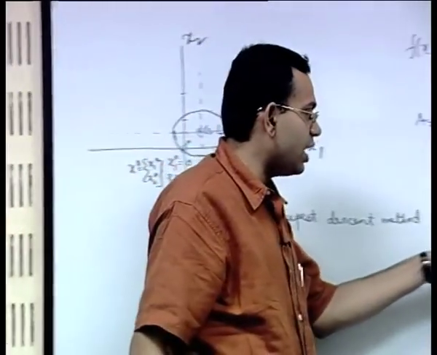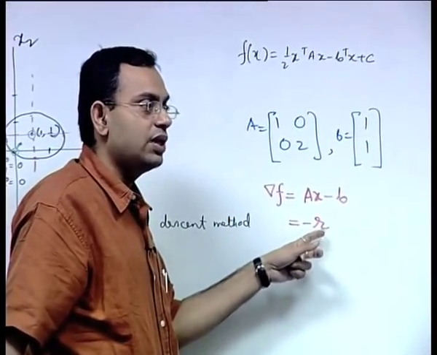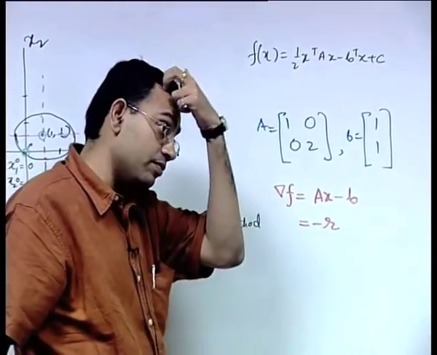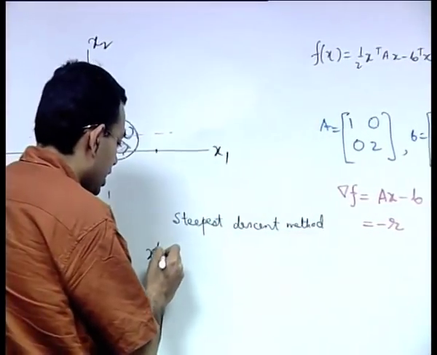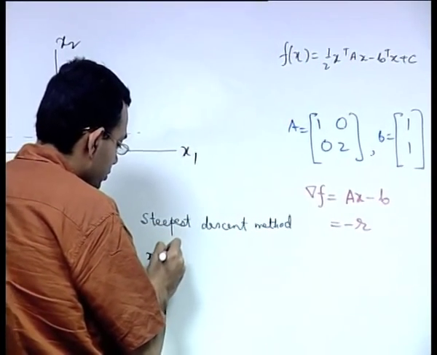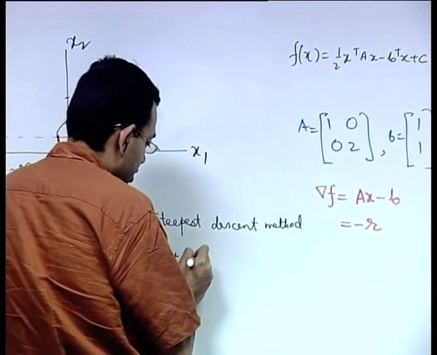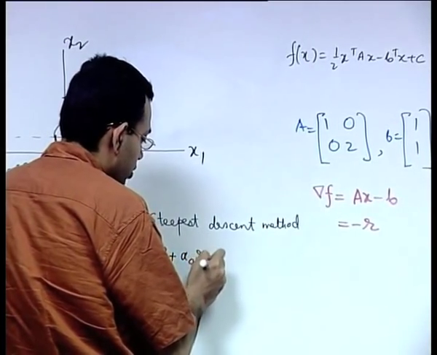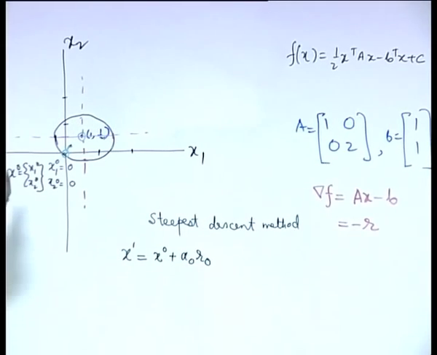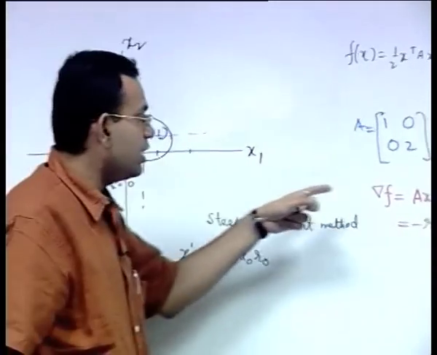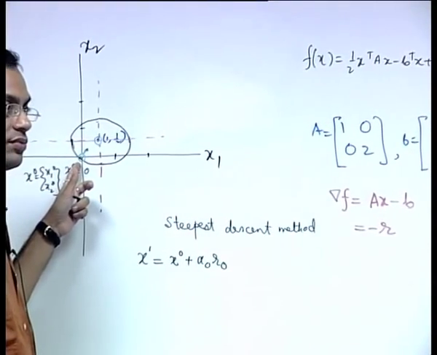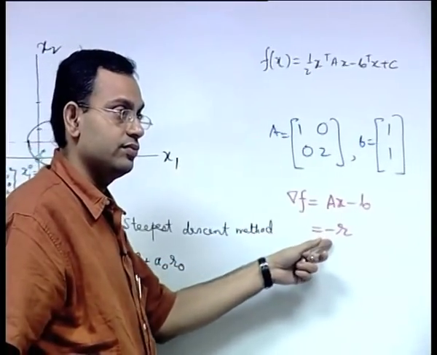Gradient of f and r have the same direction, but of course opposite sense, but it does not matter because the direction is the same. So we can say x1 is equal to x0 plus alpha 0 into r0. What is r0? r0 is minus the gradient of f at x0.